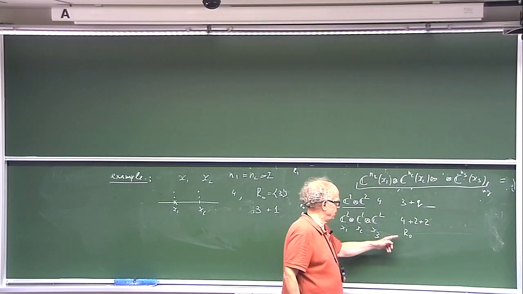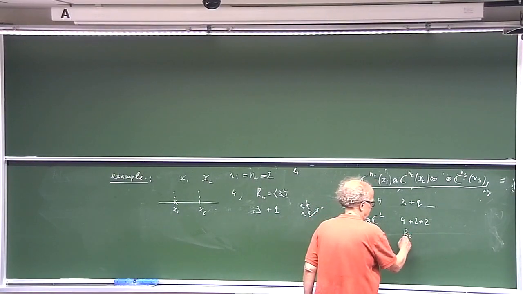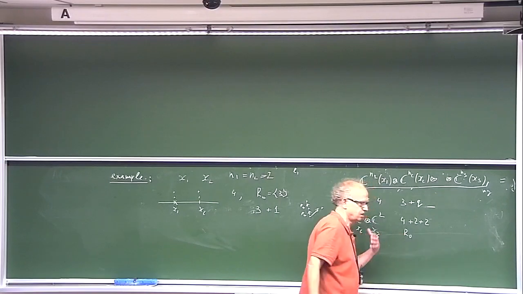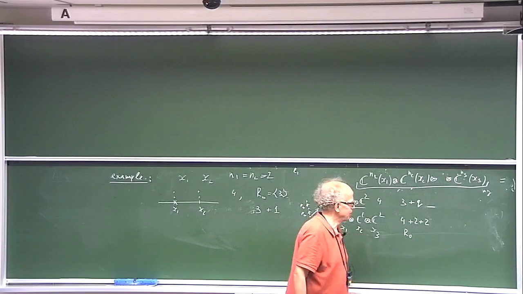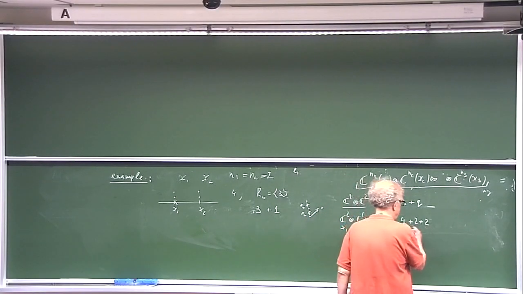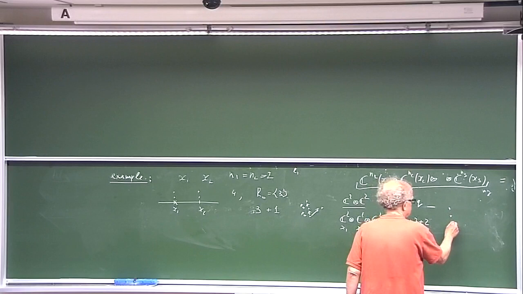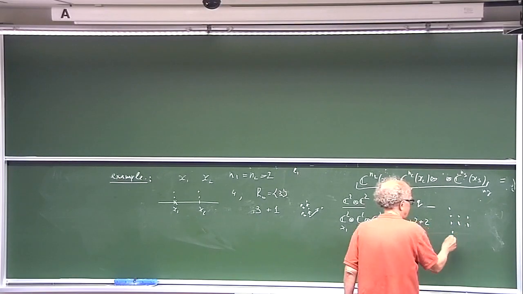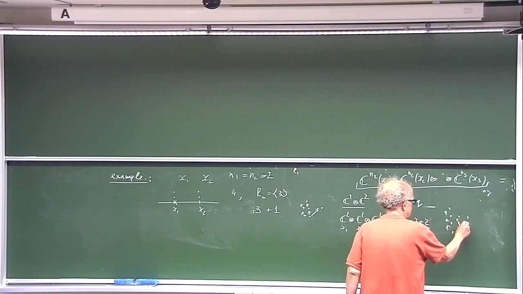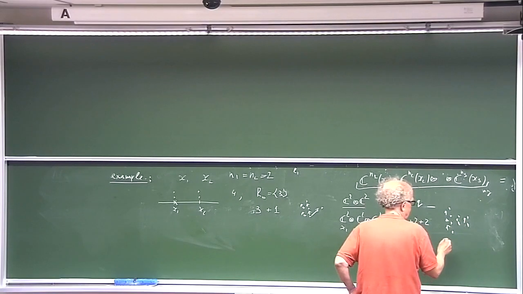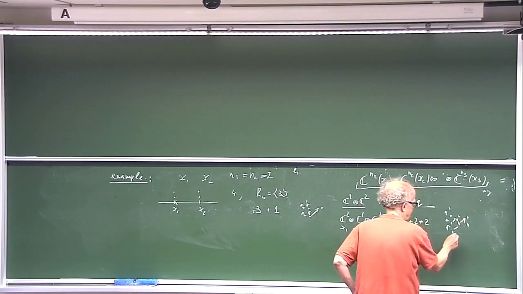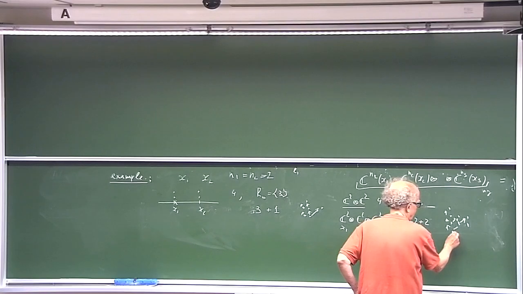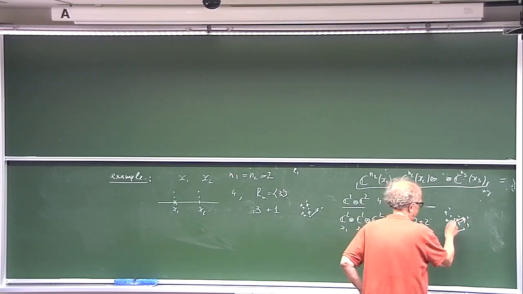So it means that R1 is bigger by 2, and R2 is bigger. And the corresponding action is the following: E0 acts this way, E1 acts this way, and E2 acts this way, and that's all.